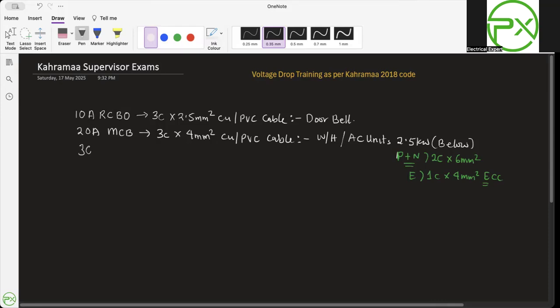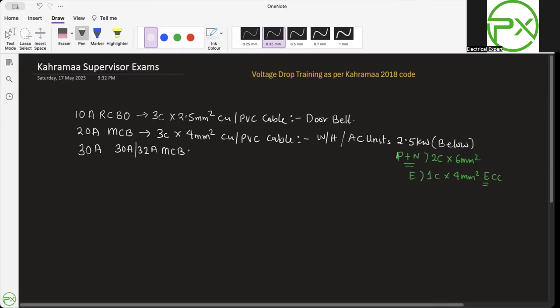Now, if I try to increase my current to 30 amps, then in this condition I'm going to use a 30 amps MCB or 32 amps MCB, because Kahramaa says 30 amps, but when you go to the market, you're going to see 32 amps.